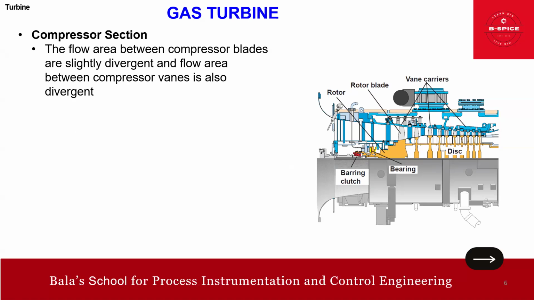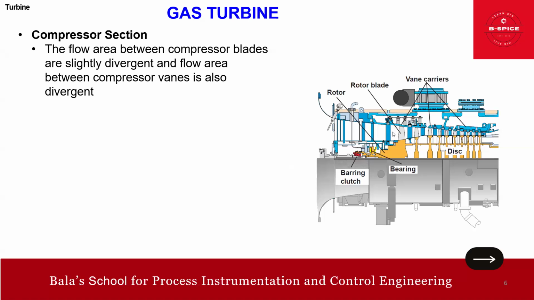You may have a question on this. What is this when we say divergent? Yes, when we say that compressor blades are divergent, it refers to the shape and arrangement of the blades in an axial flow compressor.